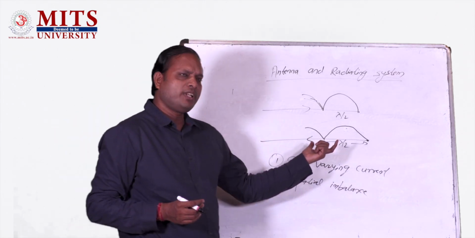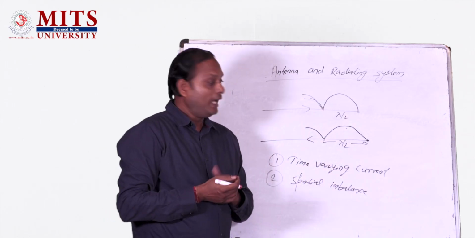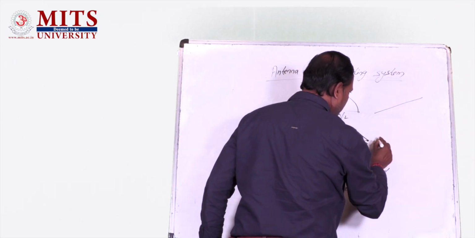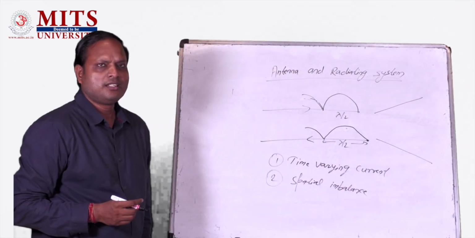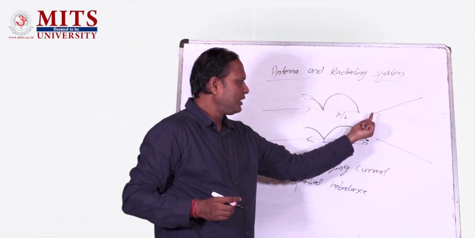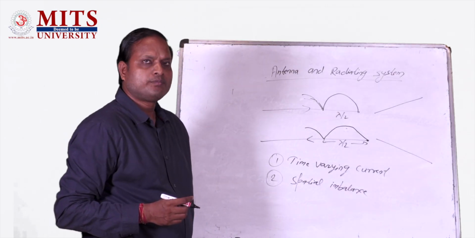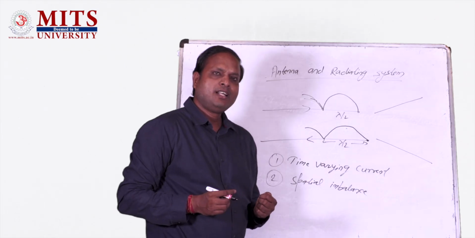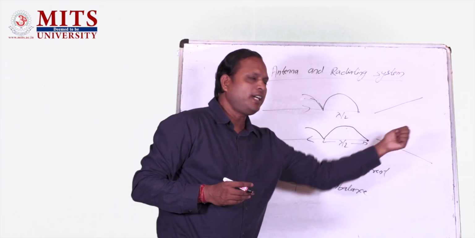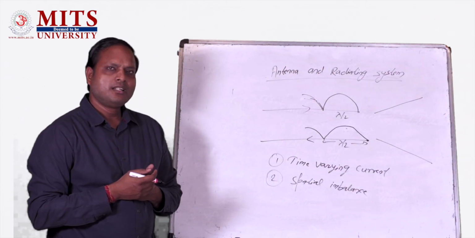So now if we start flaring this structure, and if the flaring is gradual, then since the transmission line impedance is a function of inductance per unit length and capacitance per unit length, as we go ahead, the inductance per unit length and the capacitance per unit length go on changing.